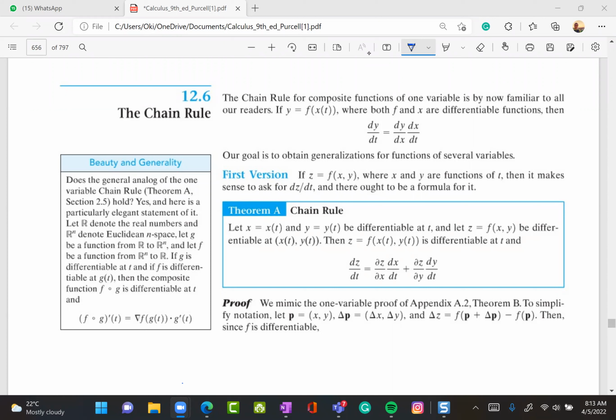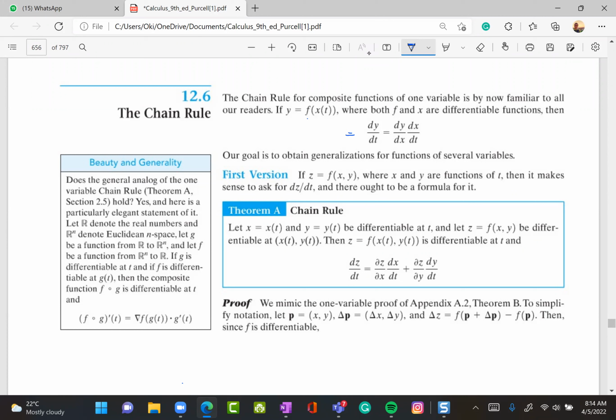Recall that when you have the chain rule, for example, y is a function of x, while x is a function of t. So indirectly, f is a function of t. You take the derivative of f with respect to t.